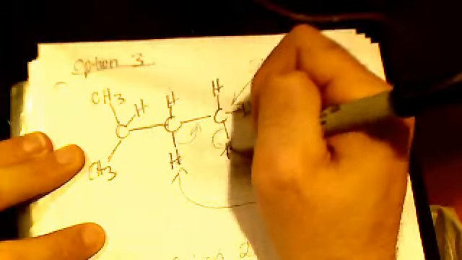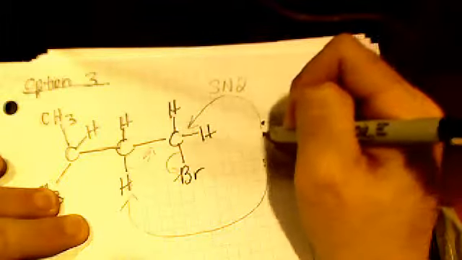So then the third answer is I have... I make a first degree halide, and I put it on the first carbon there.